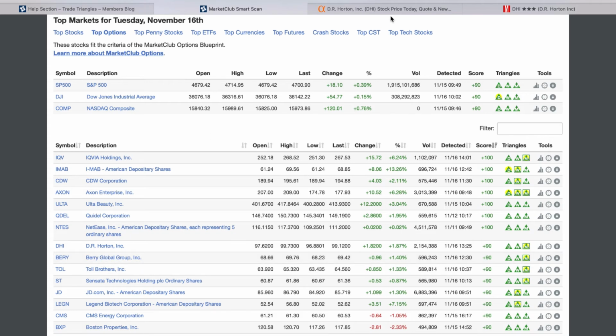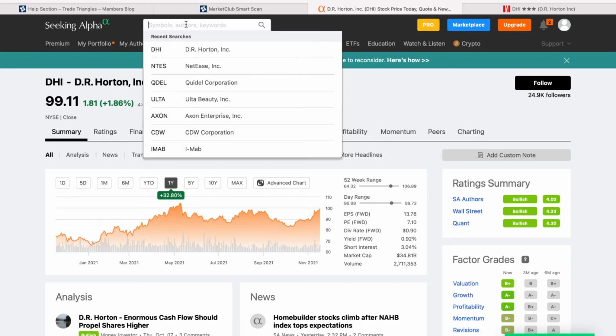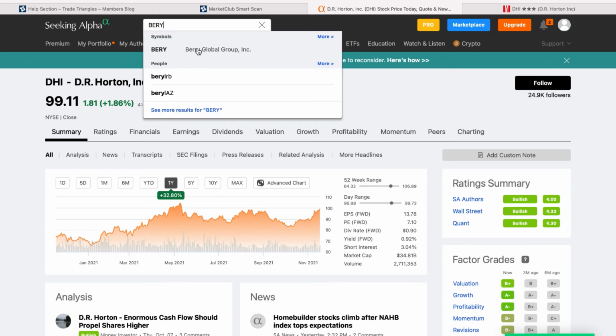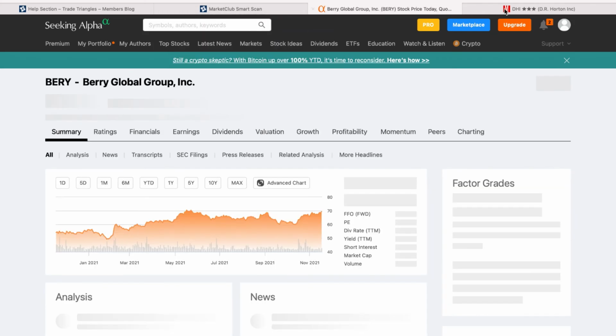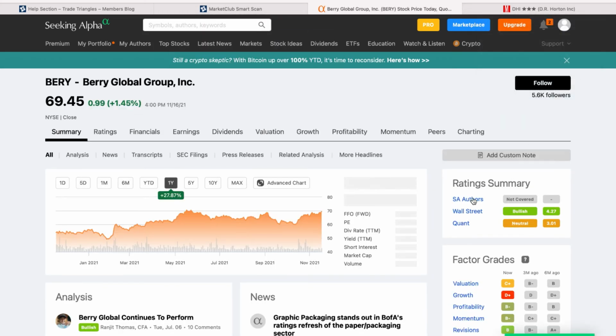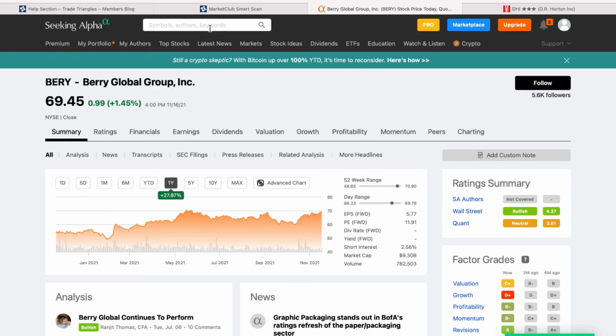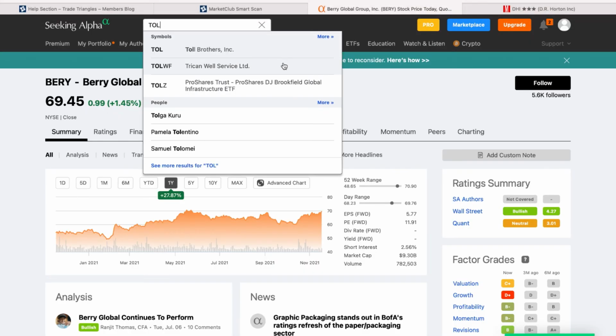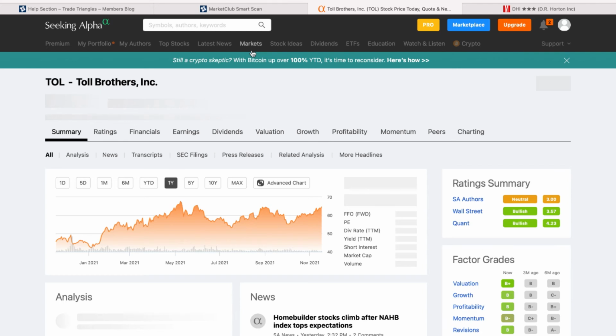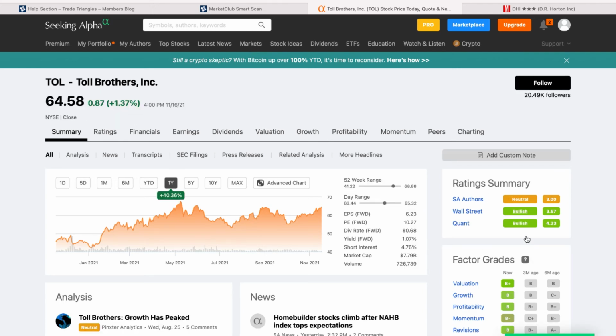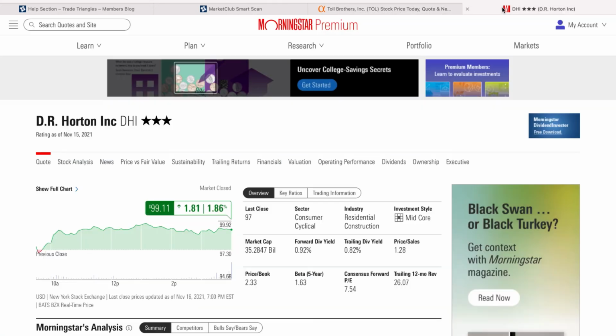BERY. Not covered, bullish, neutral, pass. Okay. TOL. Neutral, bullish, bullish. Okay, can consider.